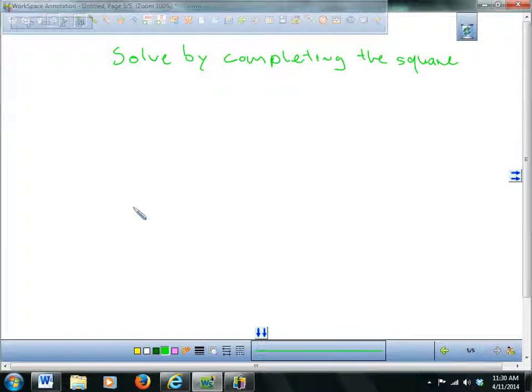But if I have something that looks like this, x squared minus 14x plus 16 equals 0, that one is a good one to do by completing the square.